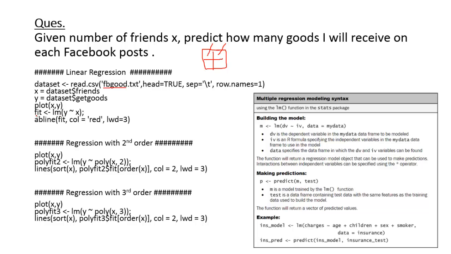It will store the result in fit, and this fit will hold the values for x and y, which I will represent through a line. Here I am using the function abline, which will be shown with the color red and line width 3. So let us look at the result.